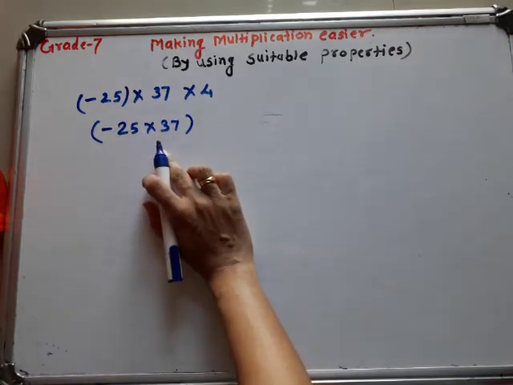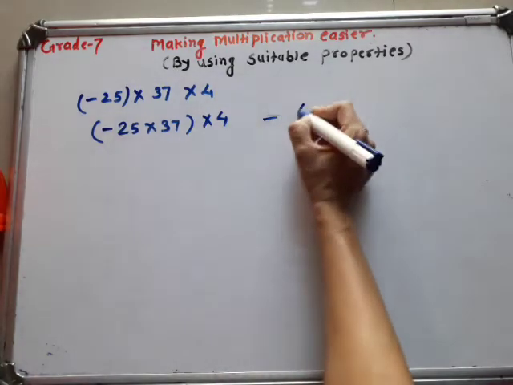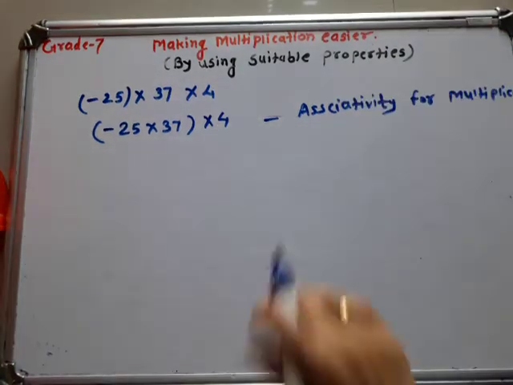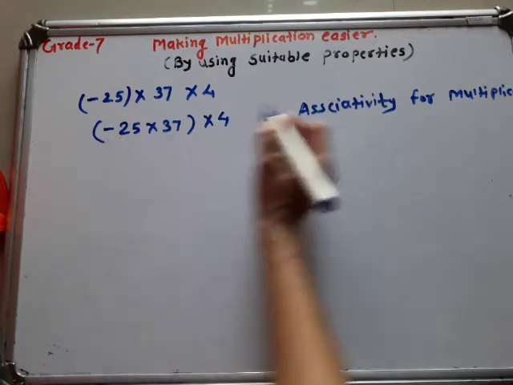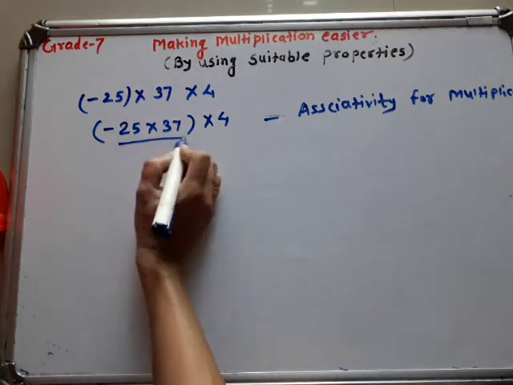We make a grouping property, that is associativity, and multiply by 4. This is associativity, not multiplication. Associativity means grouping property. So here we take associativity.